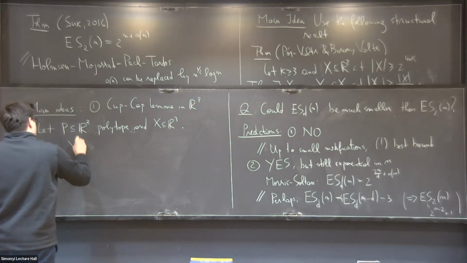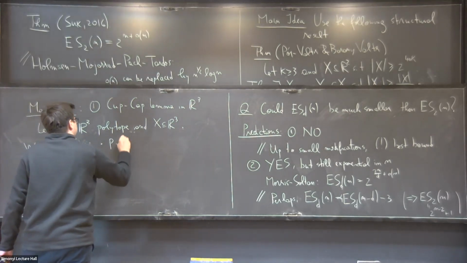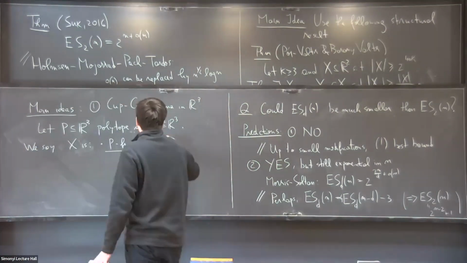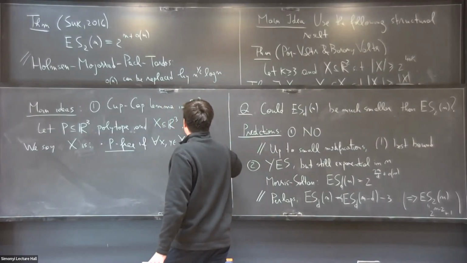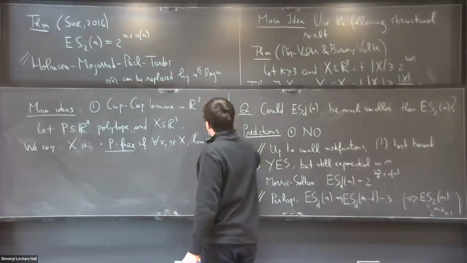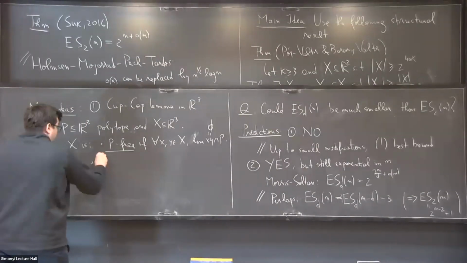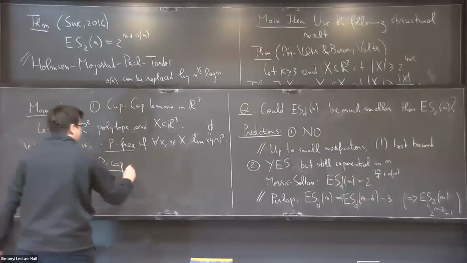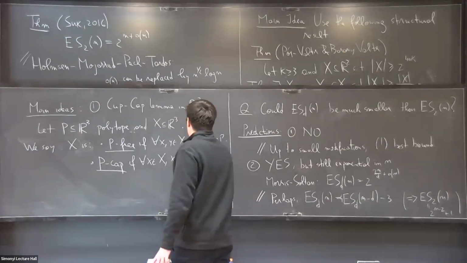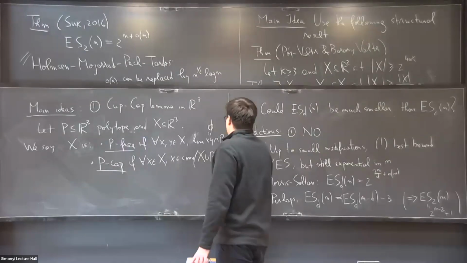So X is a P-cup if for every line passing through them, take the polytope P, and say that X is a P-cap if every point in X does not belong to the convex hull of the union of P minus X.